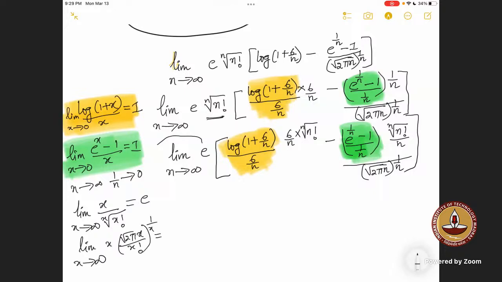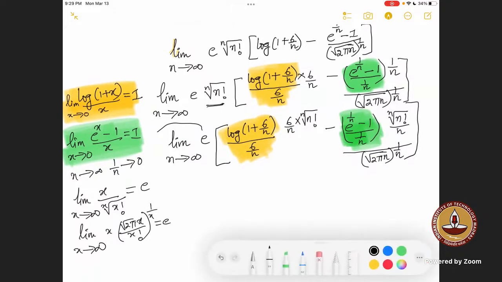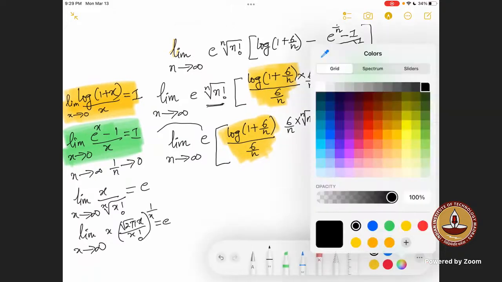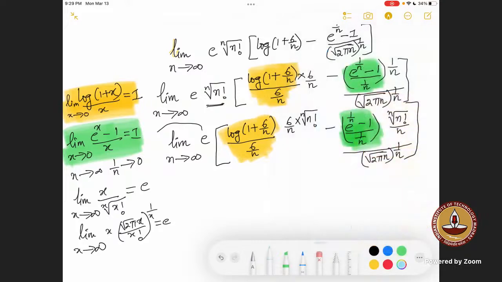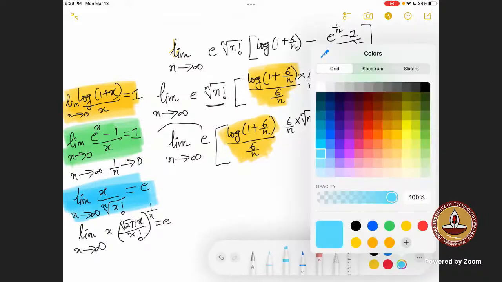So this is also e. We have to make use of these two formulas in our solution. Let me highlight that one minute. So this formula, and the other one we have to use this formula.